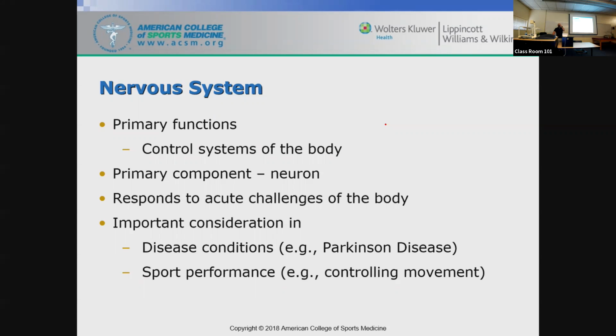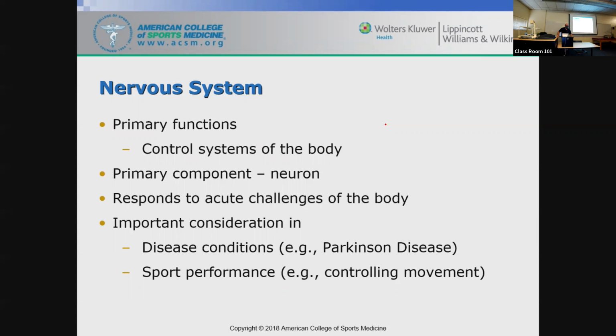So for instance, if you step on a nail, that signal is going to travel from your foot all the way up through the spinal cord to the brain. The brain's going to say, okay, this isn't good. Something's a little wrong here.